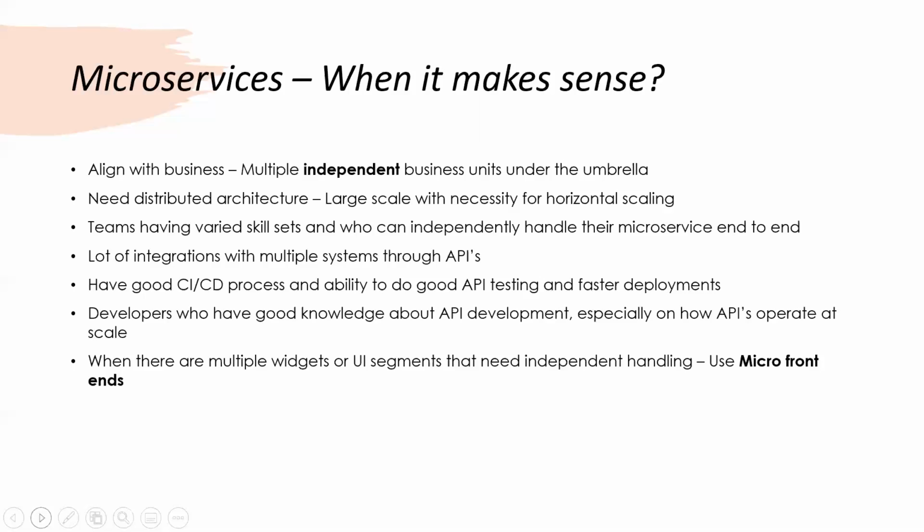There are multiple patterns like circuit breaker and bulkhead, and a lot of ways in which you can architect your microservices-based application. I don't have time to cover all those things in this session. Maybe I'll take one session for all these microservices-based patterns in the future.